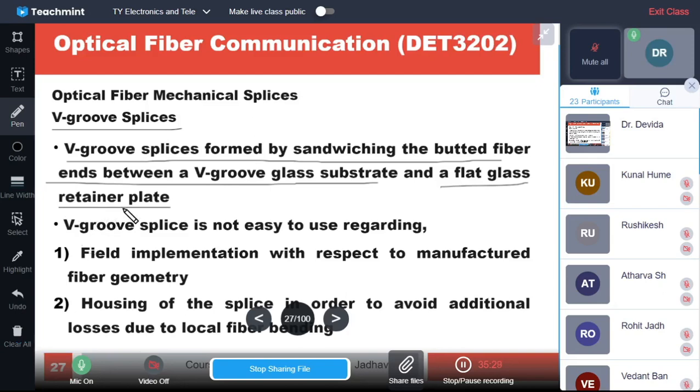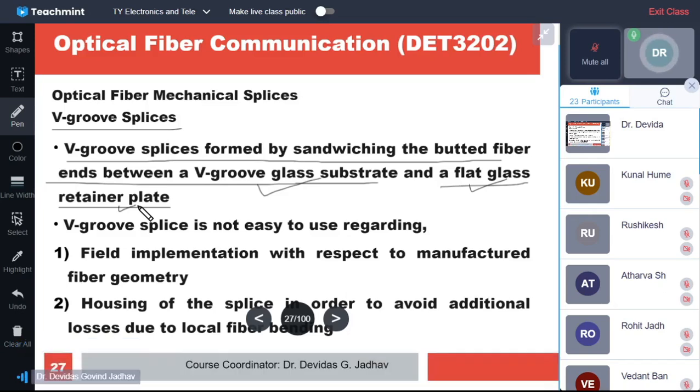One is the V-groove glass substrate, which has the V-groove in which the fibers are placed, and the other is the flat glass retainer plate, which very firmly holds the fiber with the help of a screw clamp arrangement.